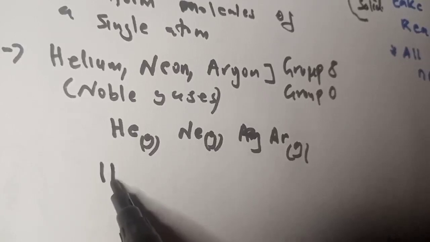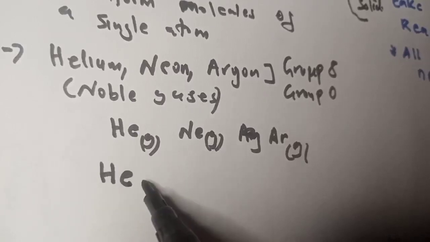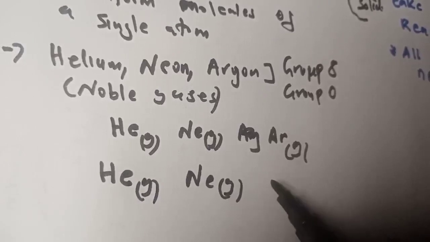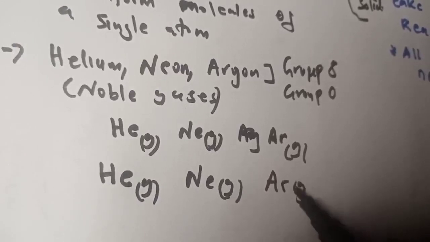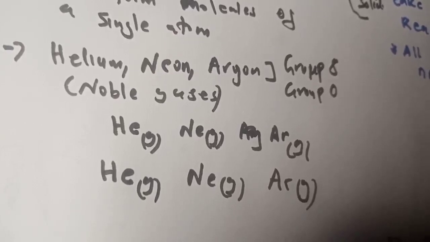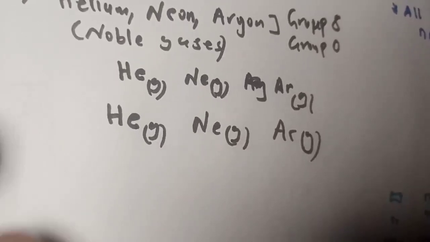So if you notice, helium, I only wrote it as He with a gas. Neon like this as a gas. Argon like this as a gas. These are the symbols. So all these are monoatomic molecules.